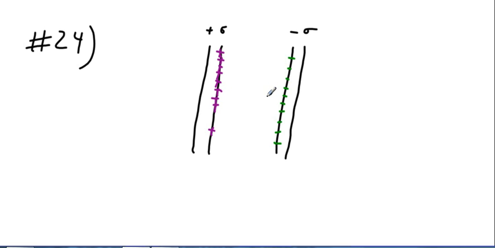Okay, so to find the field between the two plates, we're going to have a Gaussian cylinder that's perpendicular to the plates.